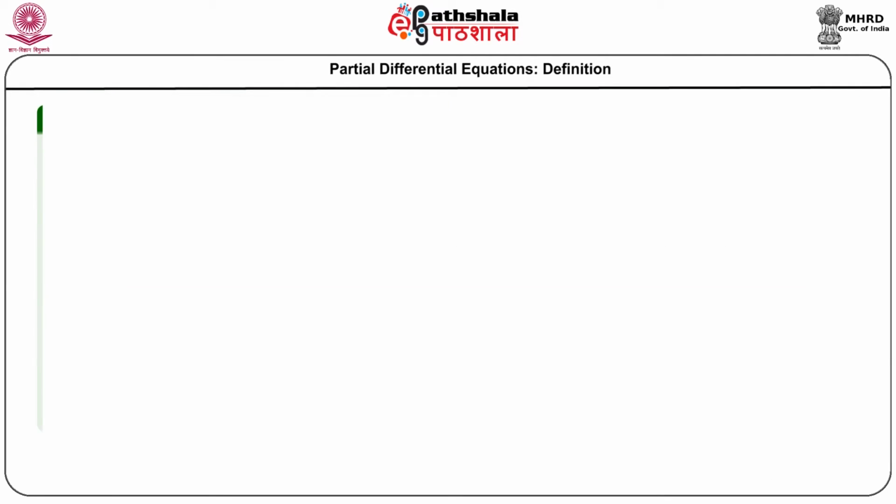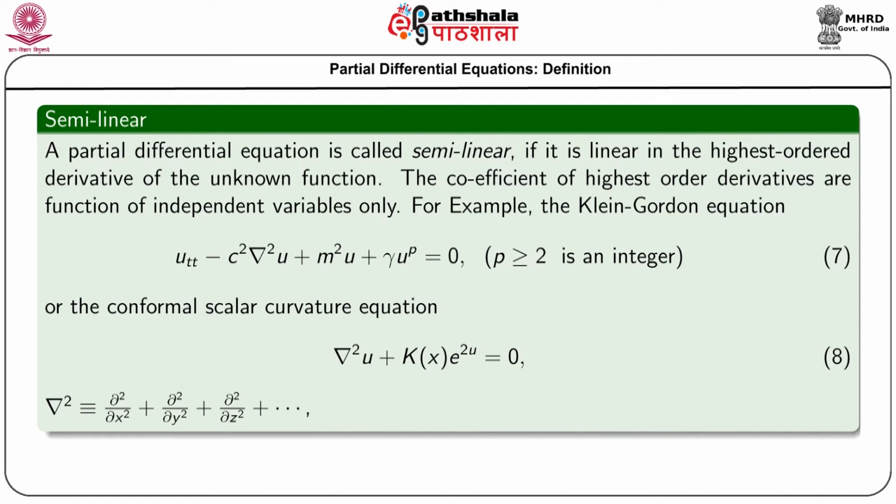Now we shall define a semi-linear partial differential equation. A partial differential equation is said to be semi-linear if it is linear in the highest order derivative of the unknown function. But there is a difference between a quasi-linear and a semi-linear differential equation.